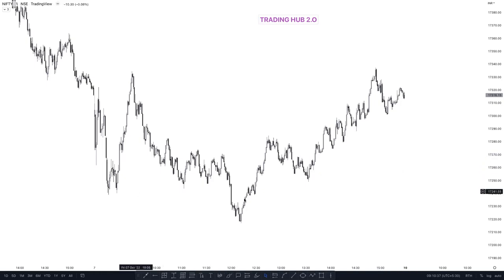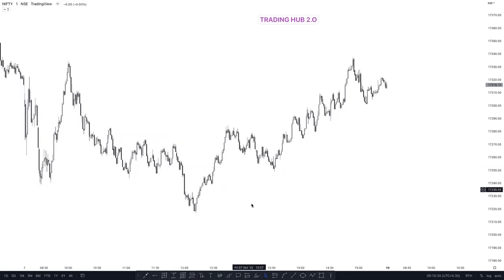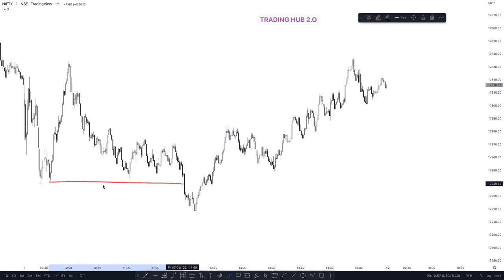So in this case, look at this one. This is our lower low, right? Before marking this lower low, I need to mark where our last break of structure is. So in this case, this one is our low, because this is our actual move to the upside and this is our internal range.